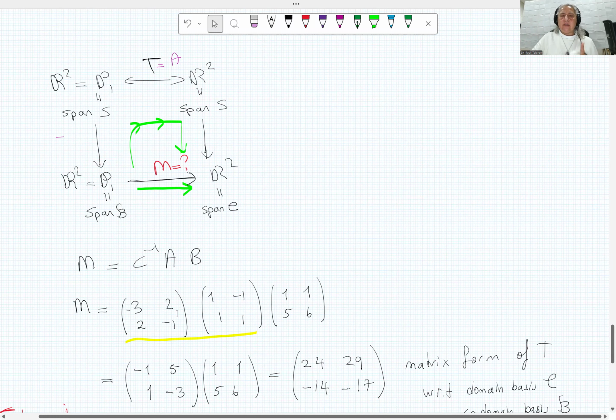This is the A matrix that we've calculated. So that's C inverse, that's B. If we multiply them, we will find this matrix. So this times this will give you this matrix, and this times this will give you this matrix.